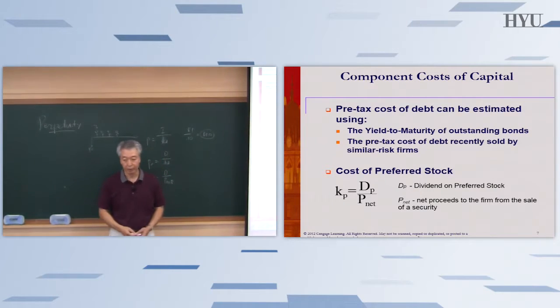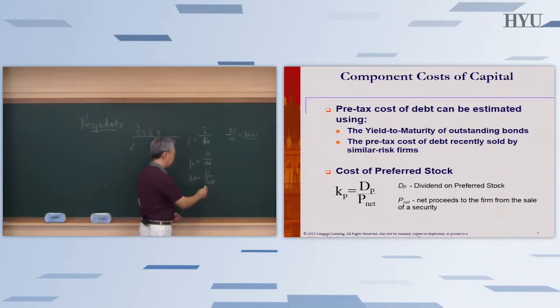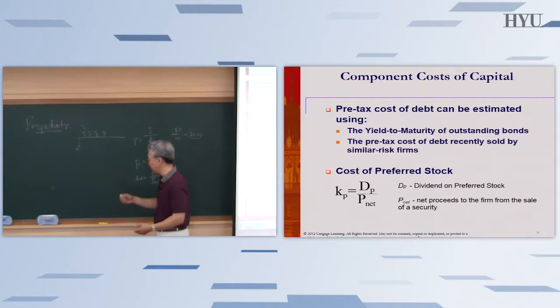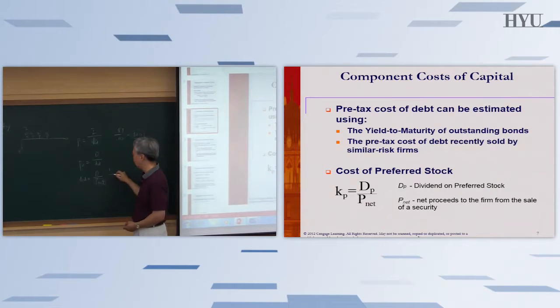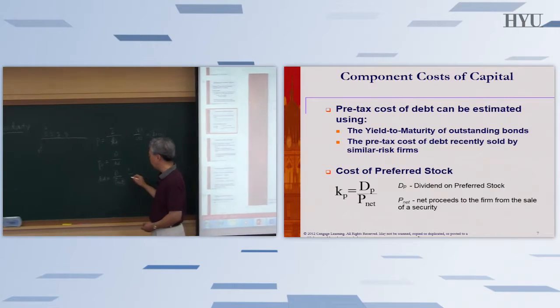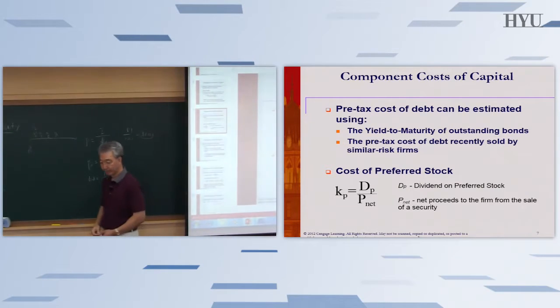The investment banker keeps some portion of the proceeds. So maybe the company receives only $9 out of the $10 price. If the company pays, say, $1 every year on this preferred stock, the cost is 1 out of 9. They receive the $9 as a result of issuing the preferred stock, but they have to make $1 payments every year. So the cost is 1 divided by 9. That makes sense.